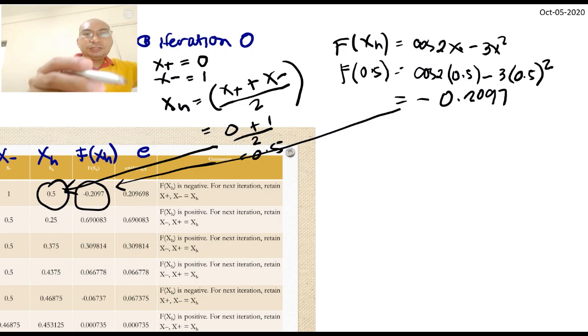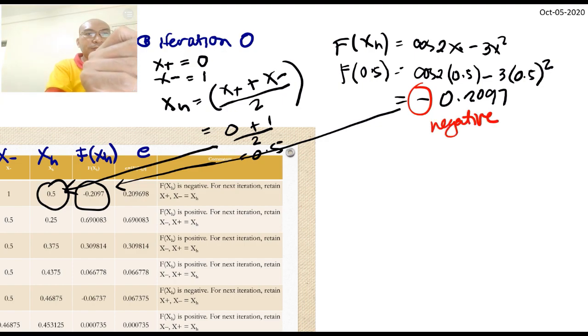So take note that the sign of the resulting function here is negative. When we say negative, the function is less than 0.